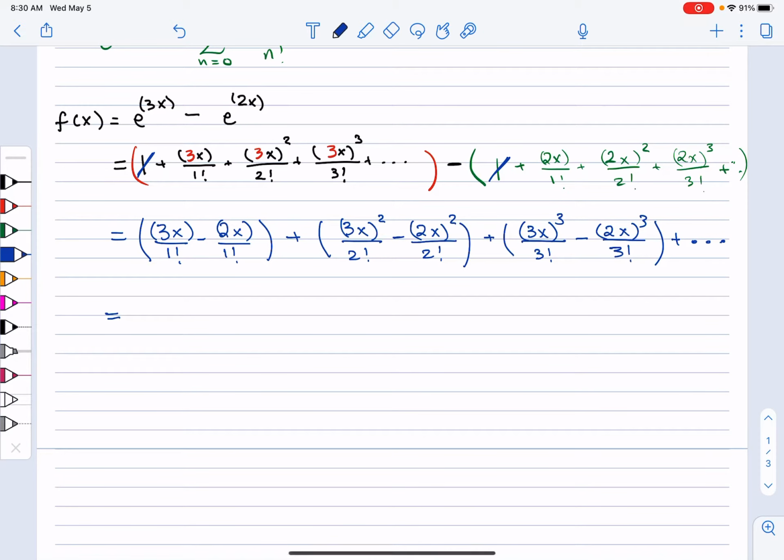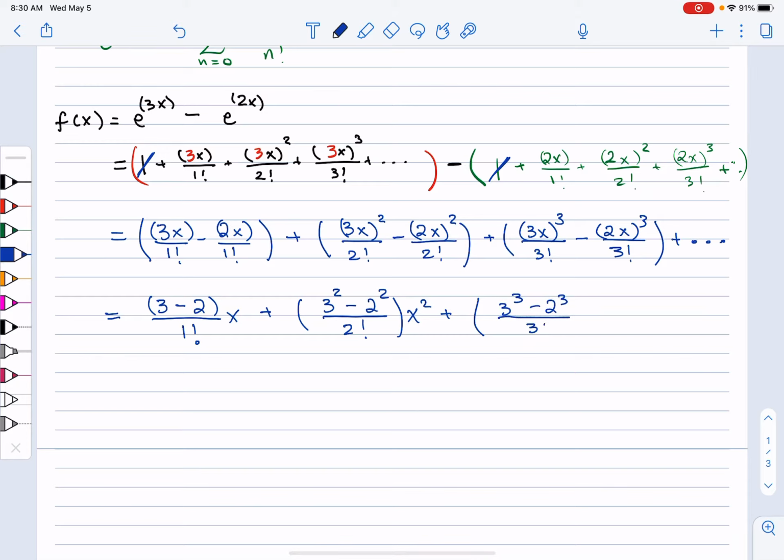We can simplify this a little bit more, and we can write it down as 3 minus 2 over 1 factorial times x plus 3 squared minus 2 squared, and I'm going to leave it like that, over 2 factorial times x squared plus 3 cubed minus 2 cubed over 3 factorial times x to the 3rd power, and then the idea will continue.